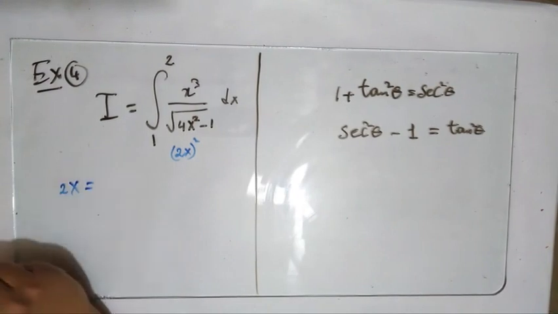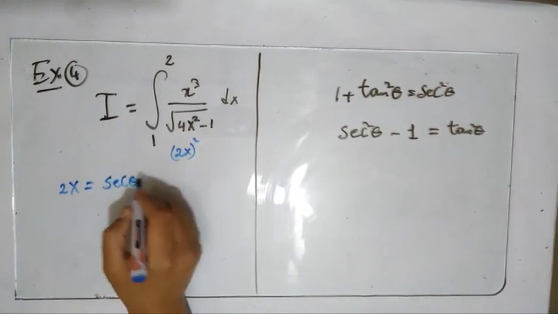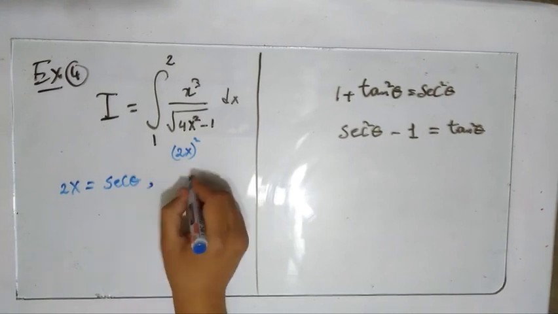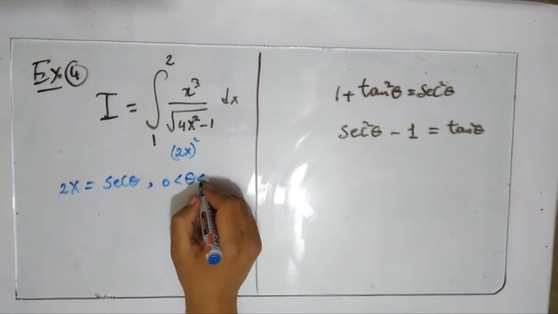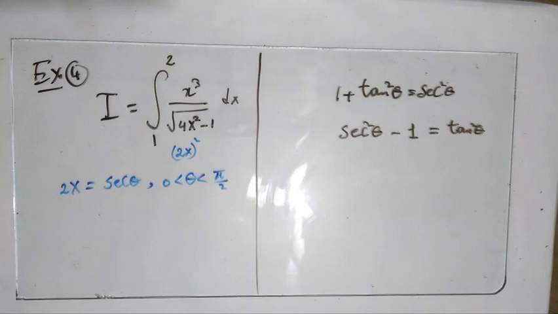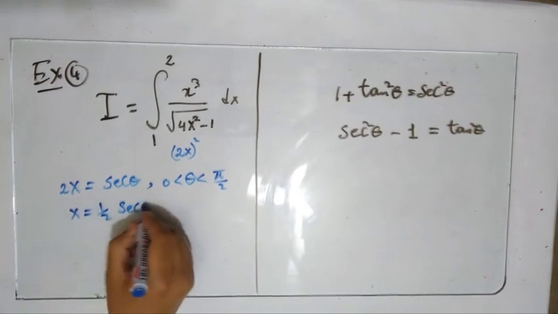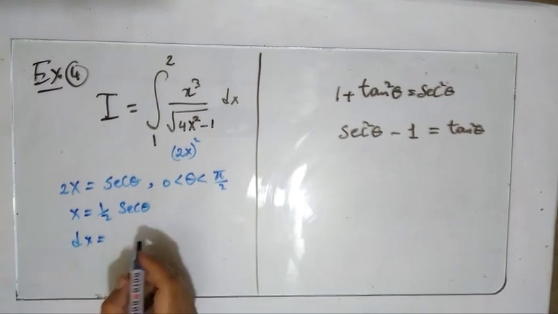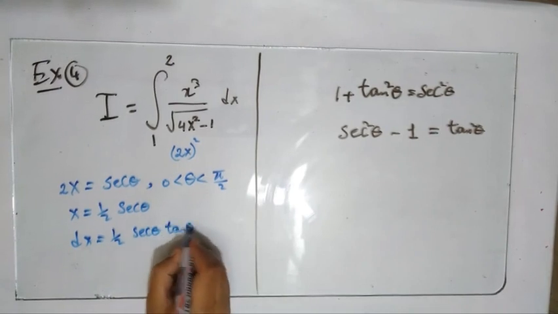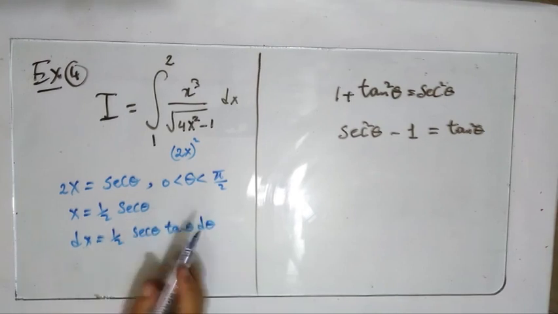So 2x will be sec theta. And we will put a restriction on theta, so we will write theta from 0 to pi over 2. And we will see why we have to have theta in this way. Okay. So here x equals half sec theta, so dx equals half sec theta tan theta d theta, and x was changing from 1 to 2.